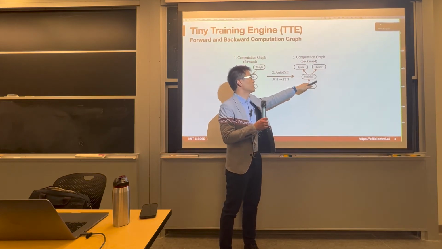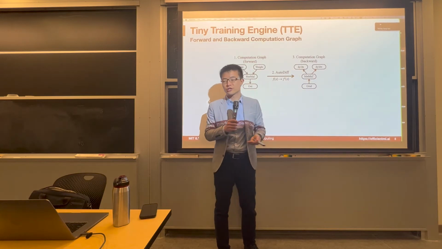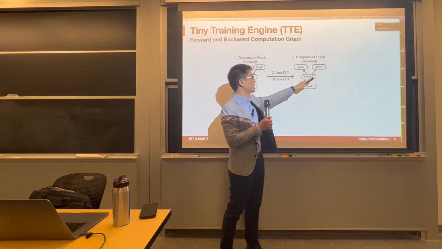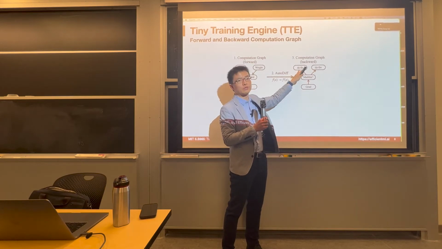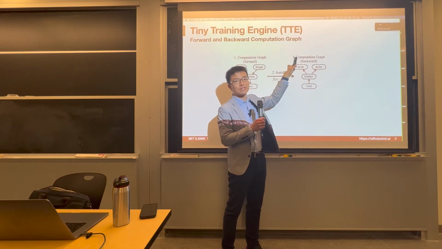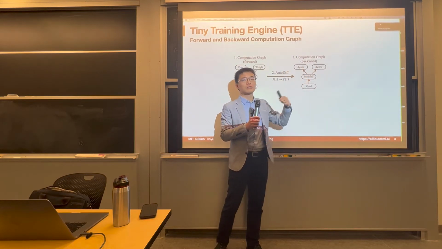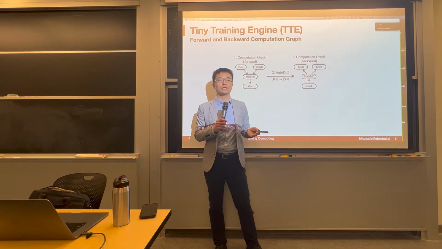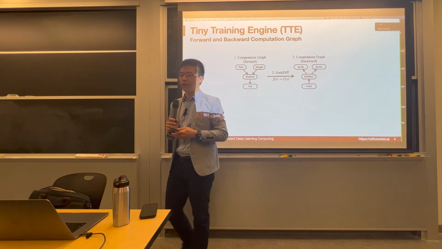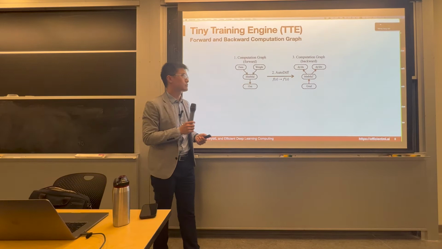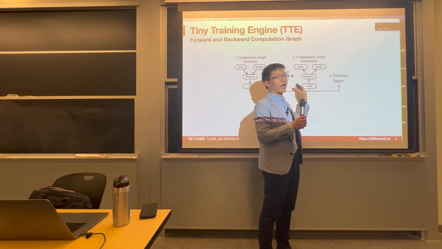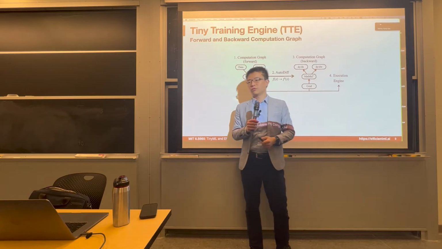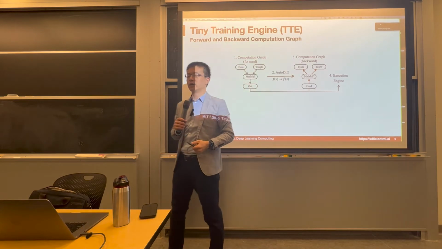And then we go in the reverse direction of the forward graph and calculate two components. One is dy/dx, the gradient with respect to the activation, which will be backpropagated to the previous layer. Okay? And also dy/dw, the gradient with respect to the weight. And finally, after we obtain these two graphs, we can give the graph to the execution engine.